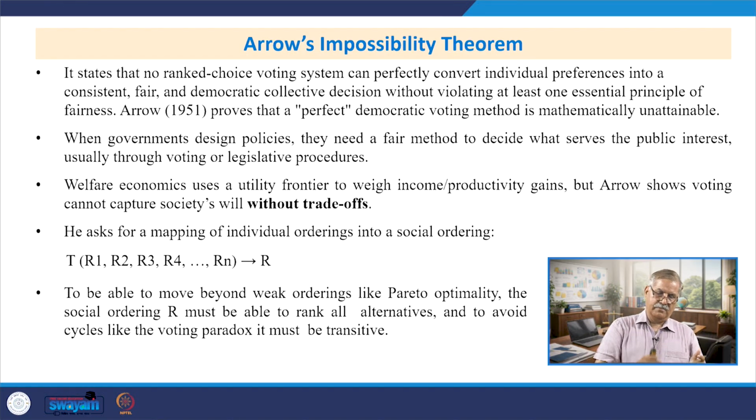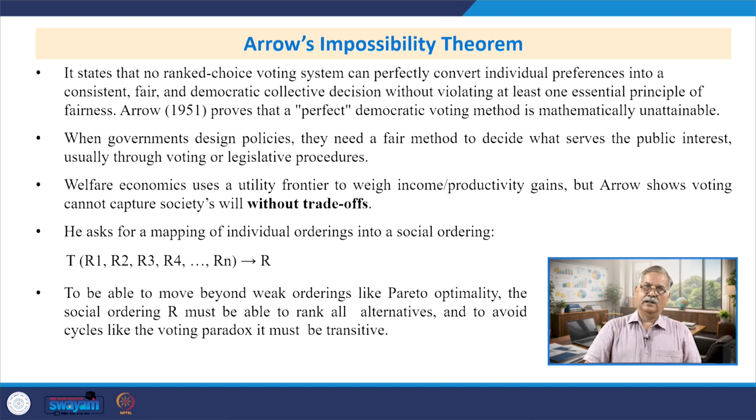When government designs policies, they need a fair method to decide what serves the public interest, usually through voting or legislative procedures. So, in welfare economics, the utility frontier is constructed to give weight to income or productivity gain, but Arrow shows voting cannot capture society's will without trade-off. Means there is a trade-off.